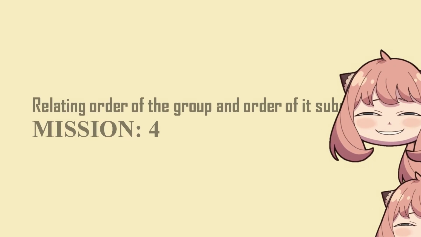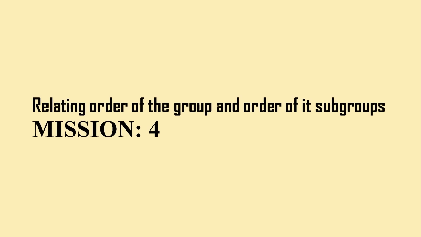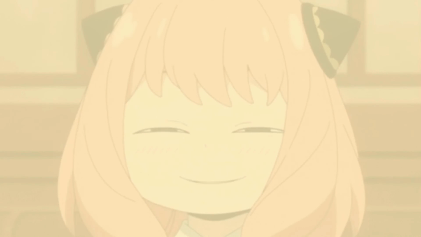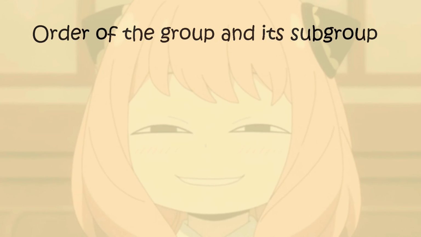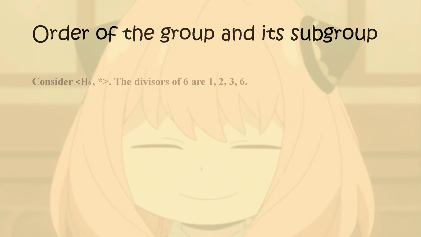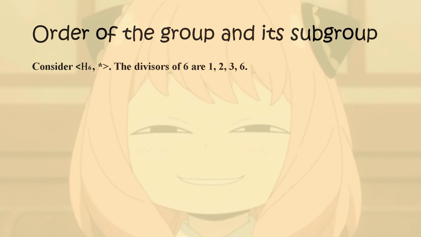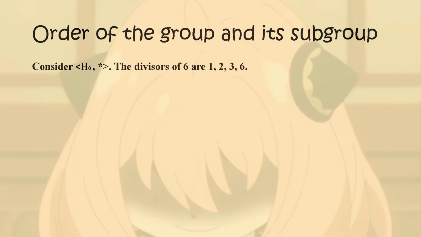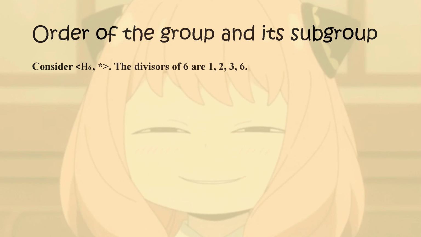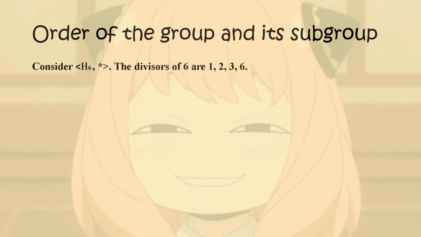Mission 4. Relating the order of the group and the order of its subgroups. Consider the set H sub 6 under binary operation star. The divisors of 6 are 1, 2, 3, and 6.